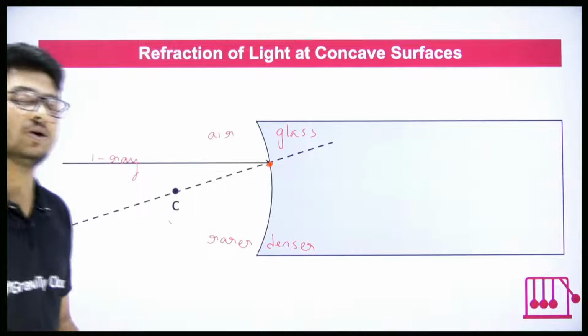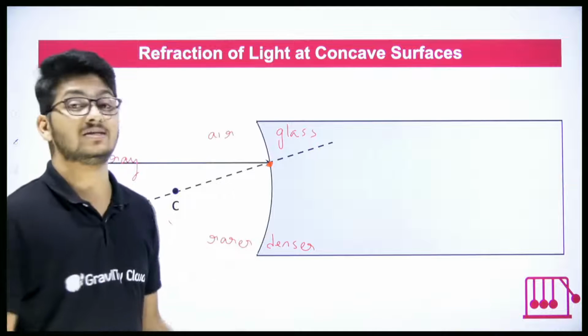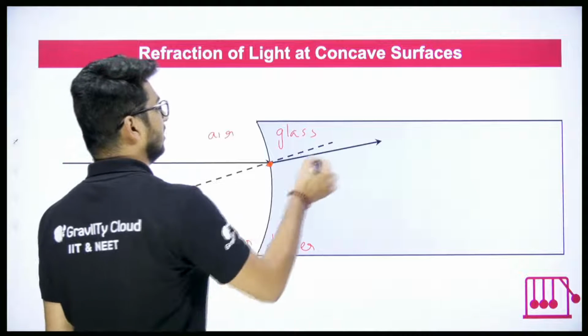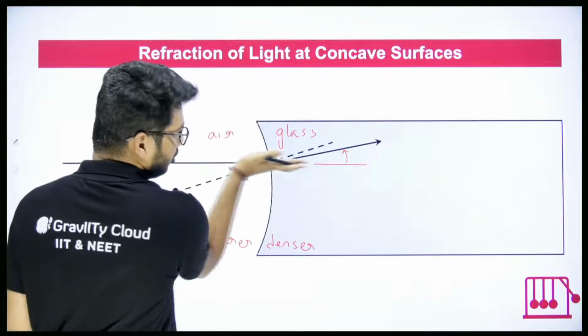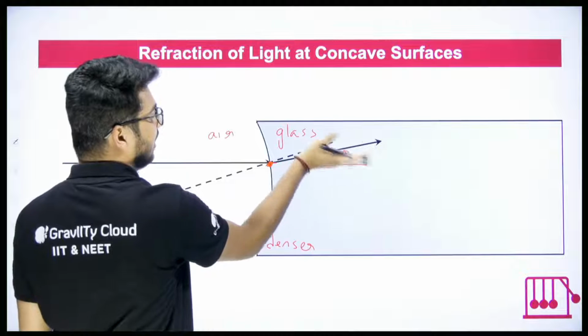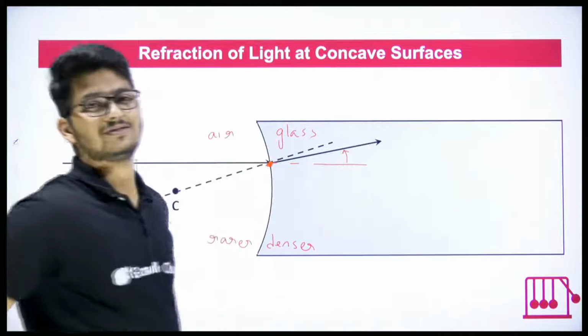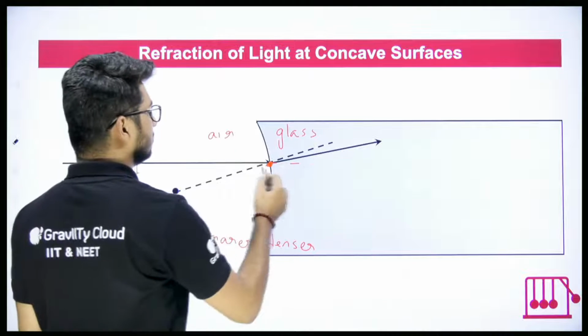Will it bend towards the normal or away from the normal? Rarer to denser. It will bend towards the normal. So see, it is bending towards the normal. This should be the direction of the incident ray, but it bent. It bent in which direction? Towards the normal. Normal is upwards. Understood? So that's how it is.